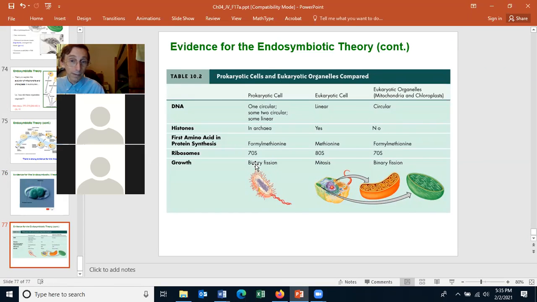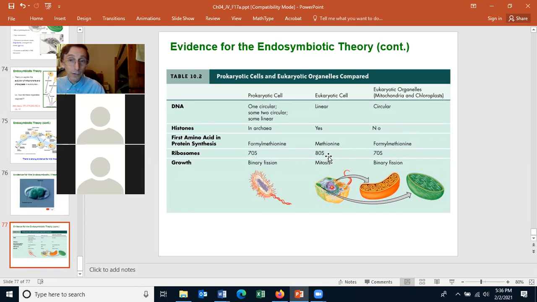If you look at the ribosomes of a eukaryotic cell, it's 80S in size. And if you look at the ribosomes of the mitochondria and the chloroplast, they're 70S in size. And the ribosomes of prokaryotic cells are 70S in size.